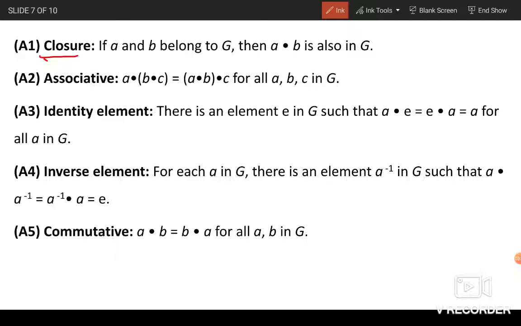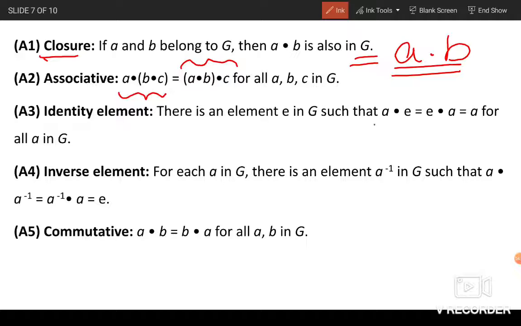Closure: if A and B belong to G, then after applying the binary operation, that is A dot B, that element should also be in the same group G. Associative: A dot B dot C is nothing but A dot B dot C.